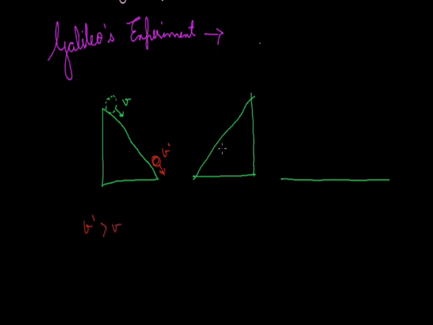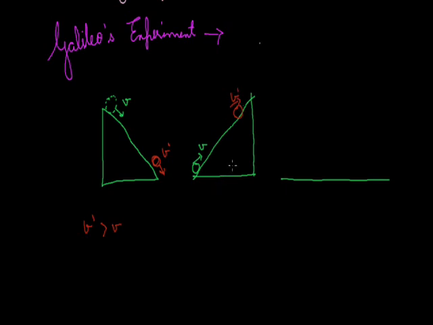In another experiment, he took the same ball, now at the bottom of the inclined plane. From the bottom, he made the ball move up the inclined plane with velocity v, and after a small time period t, the ball was moving upwards with velocity v dash.